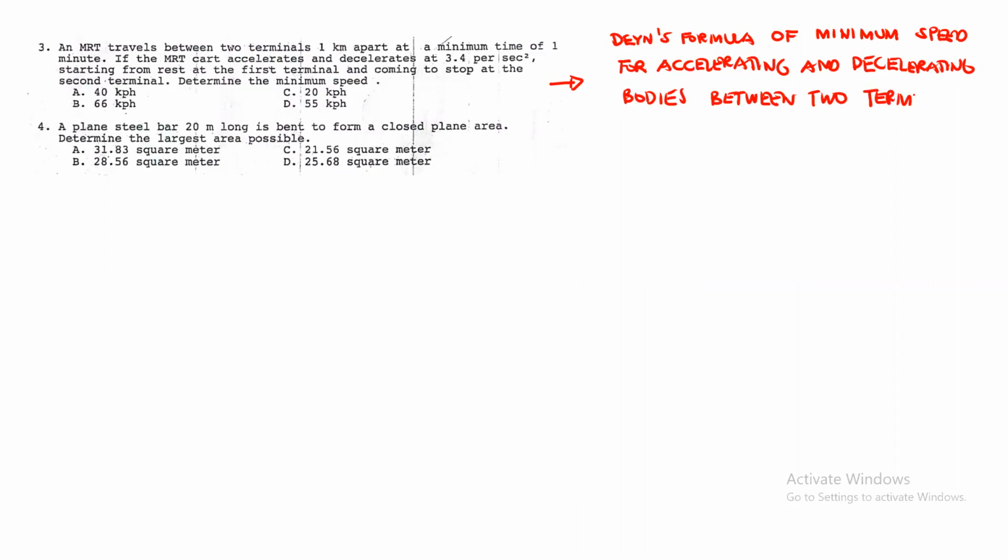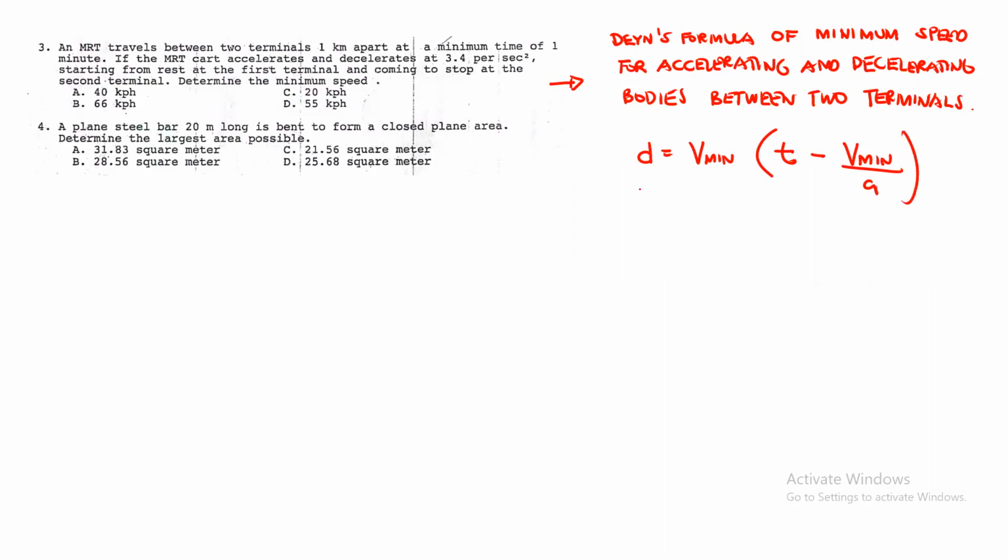Ginagamit to sa condition na to, no? So D is equals to V minimum times time minus V minimum squared over acceleration.